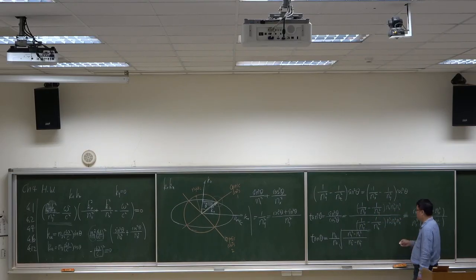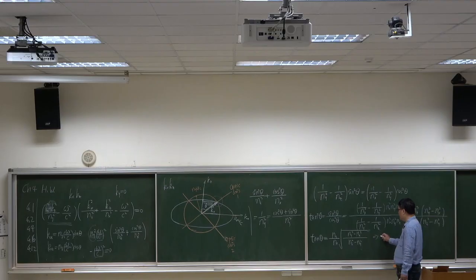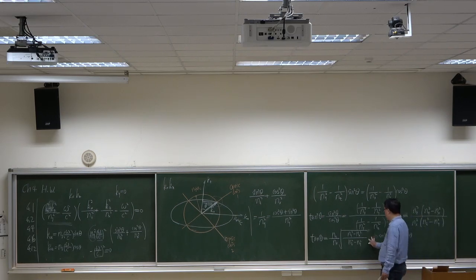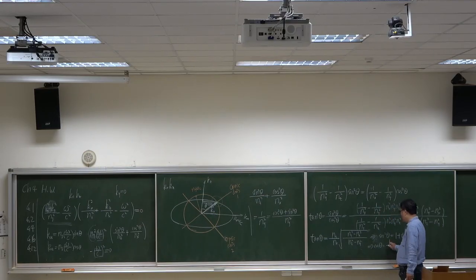And once we know tangent theta, we can know secant squared theta. Secant squared theta is 1 plus tangent squared theta. And once we know secant, we know cosine, because cosine theta is 1 over secant theta.